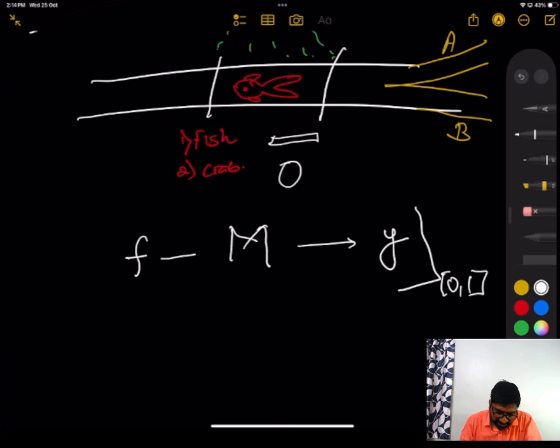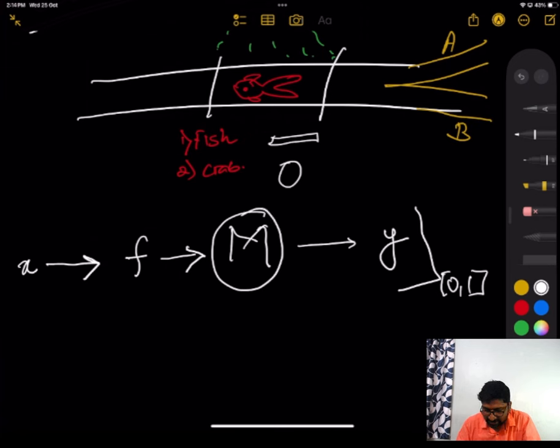Or we can say, given an image X, we are extracting a feature f. From those features, we are training a model M to predict a label Y. This pipeline is known as machine learning. So here learning is involved.